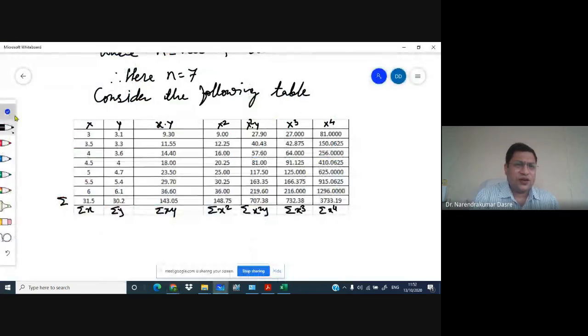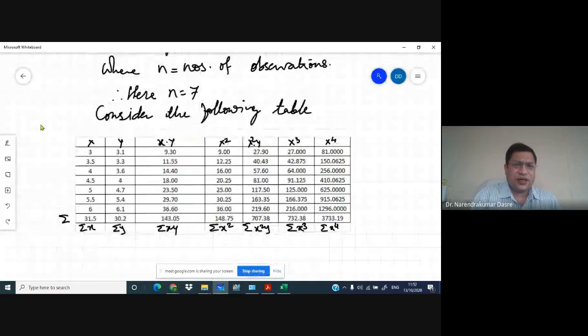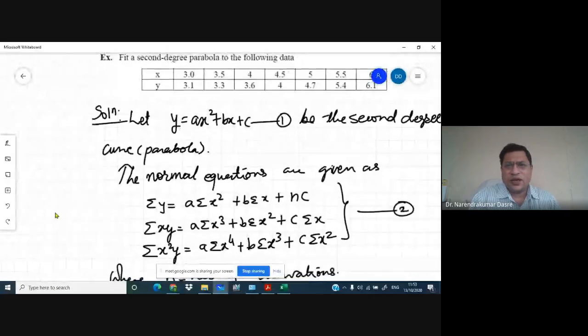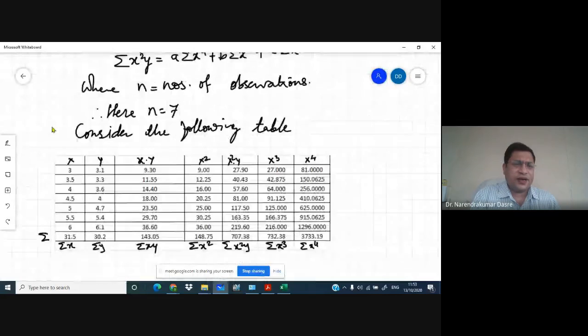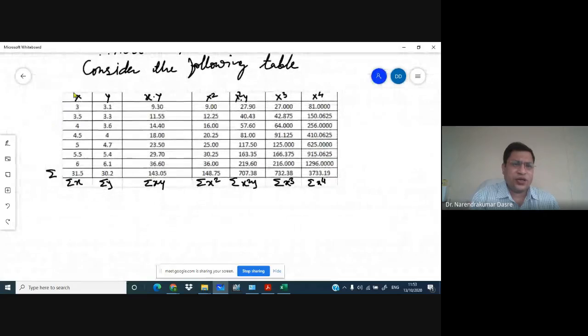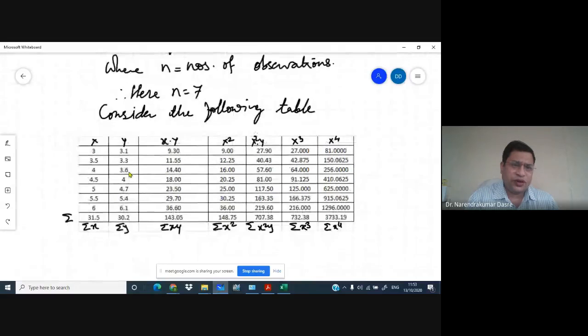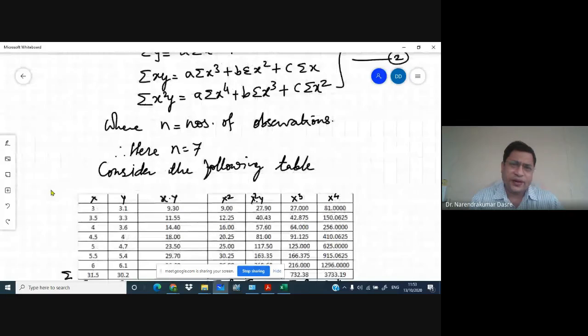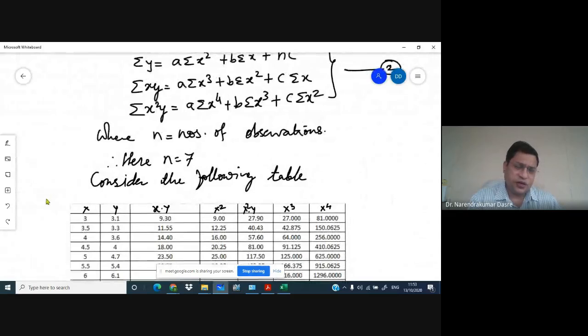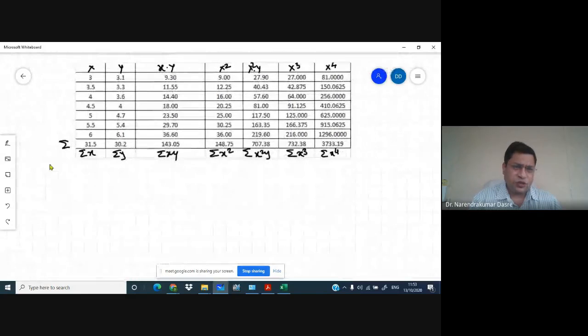You can see this was the data given to us, and then we calculated the remaining terms. Here x was given, y was given, and x into y we calculated. We calculated all these terms. Once you have calculated all these terms, we have to solve the normal equations.